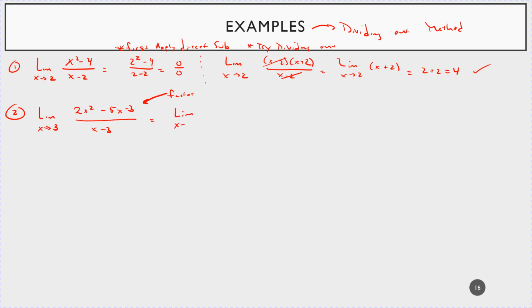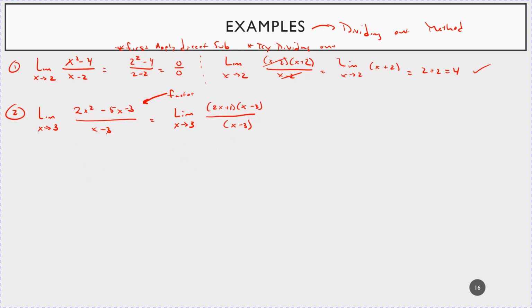I would maybe even pause the video here and see if you can remember how to factor this trinomial. But I'll save us some time and show you: it factors into 2x plus 1 times x minus 3, over x minus 3.